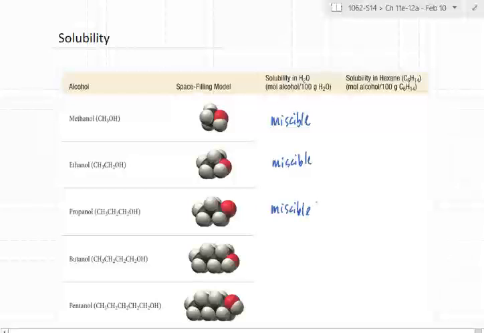But the thing is, as the molecules get longer, we introduce more of that hydrocarbon style of a molecule that starts to become a little more difficult to fit in between those water molecules. If you think of water molecules, they've all got hydrogen bonding.